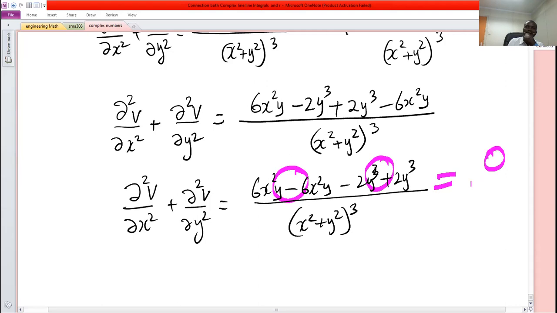So you have 0 divided by (x squared plus y squared) power 3, and that is 0.